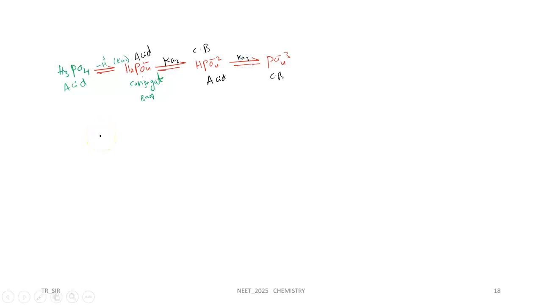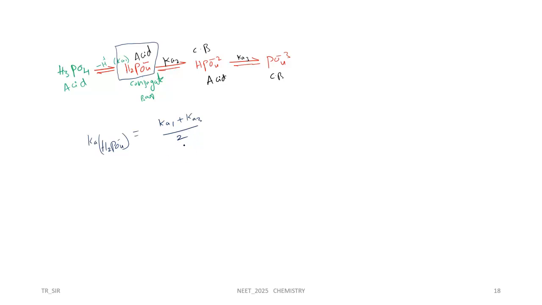If I want to get the dissociation constant of this particular acid, H2PO4 minus, the dissociation constant Ka is equal to Ka1 plus Ka3 by 2, the average.